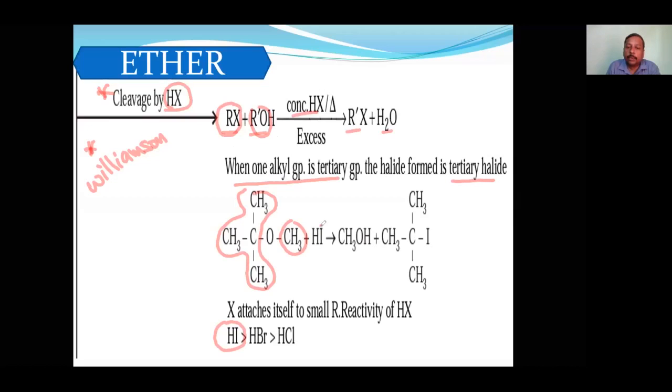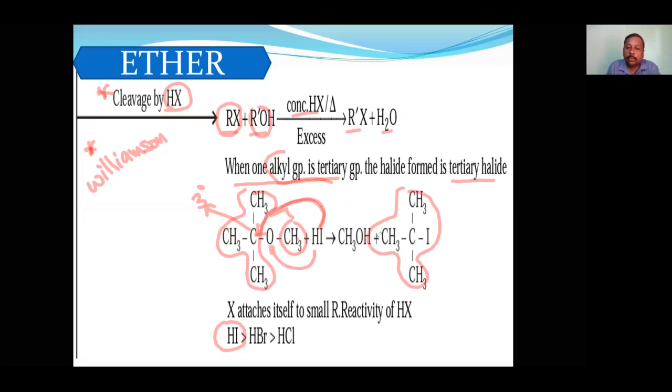Okay, so the main problem is that iodine will go here or here, no doubt. According to the first rule, when the alkyl group is tertiary, tertiary means 3 degree, iodine will go to the tertiary carbon atom, and this hydrogen will go and attach here itself.